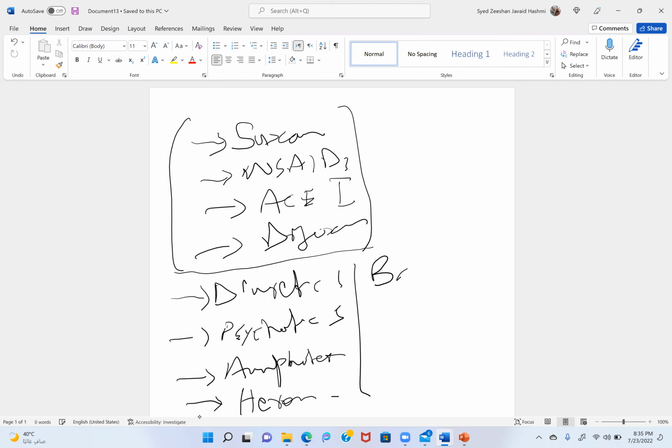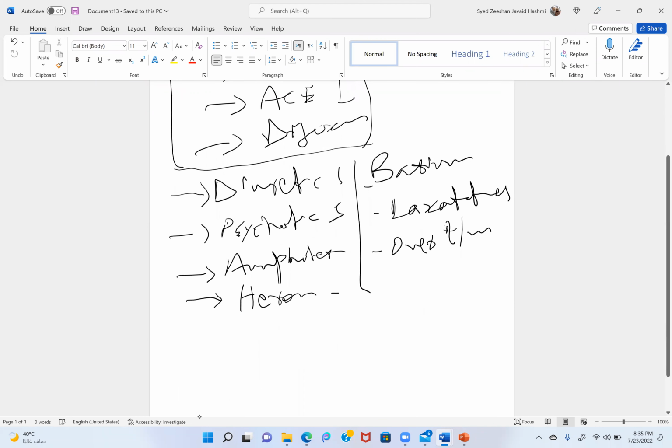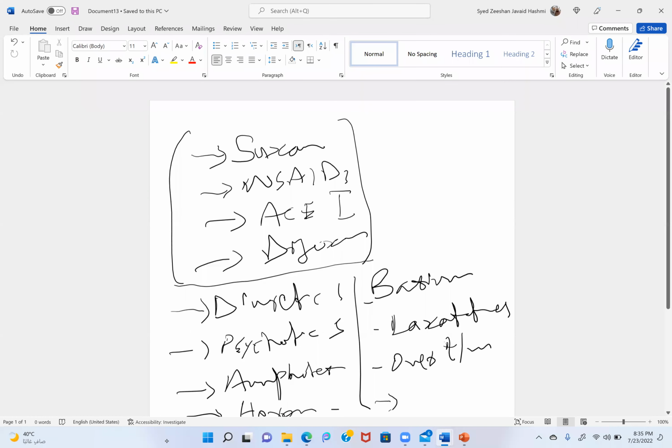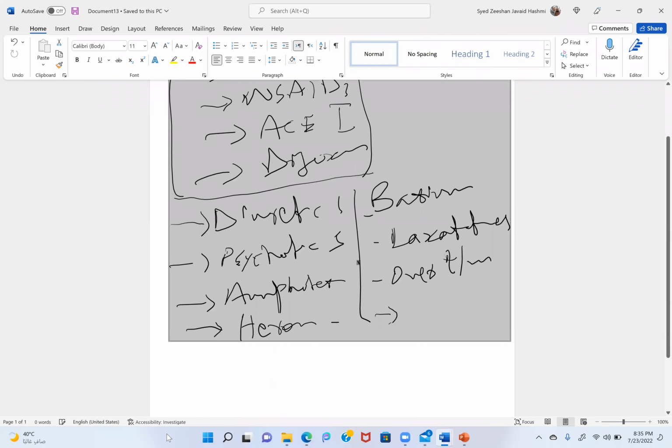If a patient is taking barium swallow and laxatives, or overtreatment of hyperkalemia, these can all cause hypokalemia. These are the common medications I can recall.